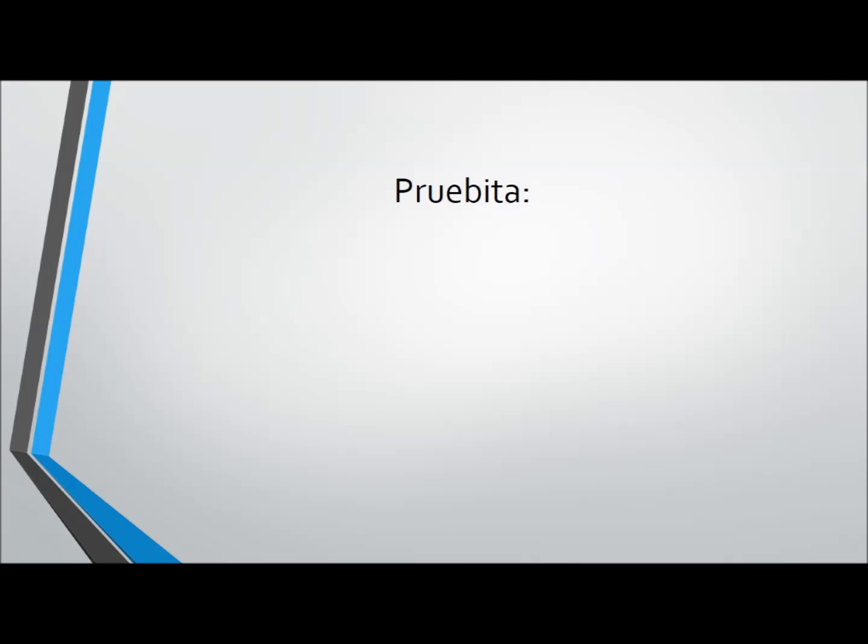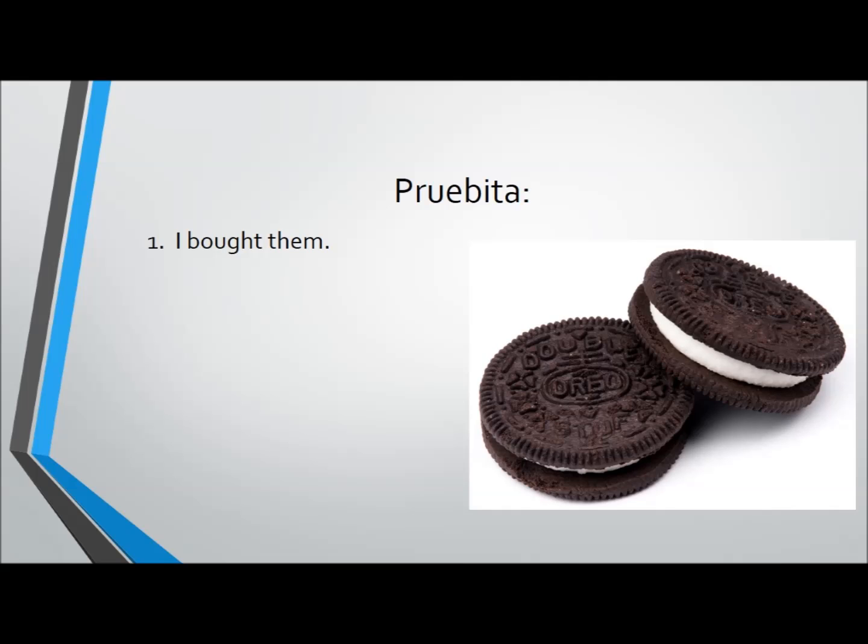Let's take this little pruebita to see if you can kind of figure out what all this means. First of all, let's translate to Spanish the sentence, I bought them. Well, you need to know what them are. Let's assume we're talking about, say, cookies. So I bought them. Well, we're talking about cookies. We need to know that cookies, of course, are las galletas, feminine noun.